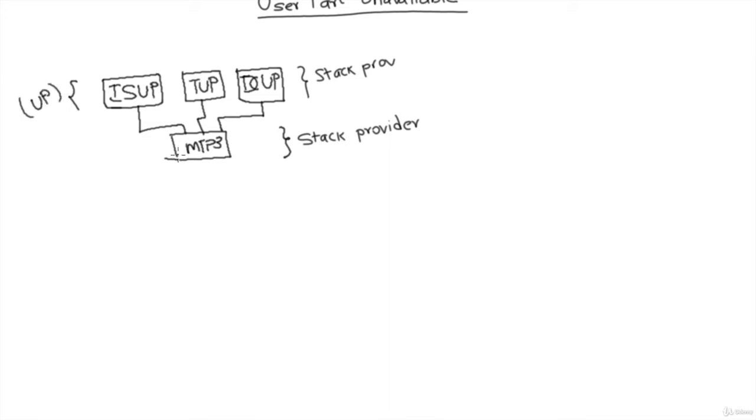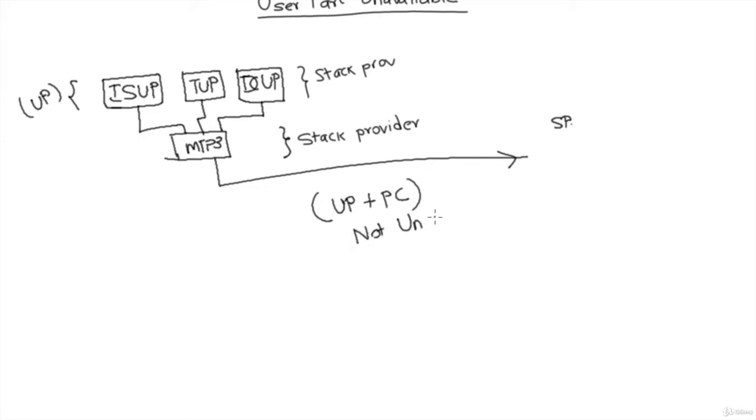So MTP3 has to provide information to other links, other signaling points, that so and so user part on so and so point code, that is its own point code, is not available. So that when this message is received by the other parties, they take appropriate action so that the message is not sent to this point related to this user part.